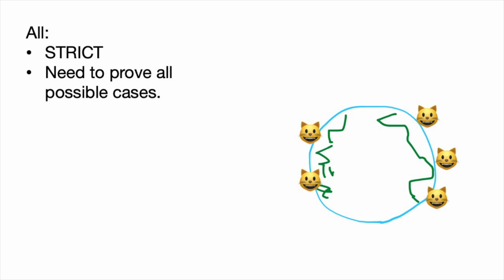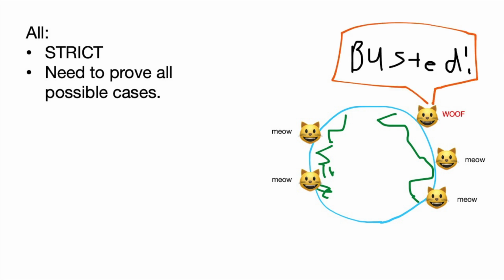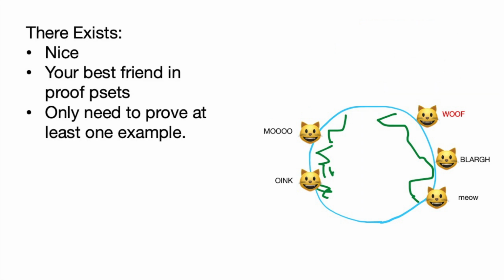All is very, very strict. For example, for the statement all cats say meow, we need to show that each and every cat in the world says meow. Even if one of them says woof, then our proof is busted. In summary, we need to prove for all cases. There exists is much nicer.